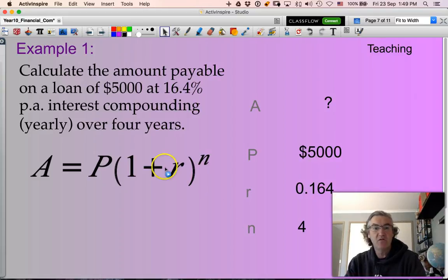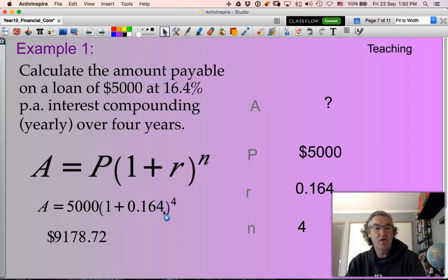I can just whack those numbers into the formula. You'll notice here I end up with 9178.72. So nothing all that complex here. It's just identifying your knowns, your unknowns, and putting those into the formula.